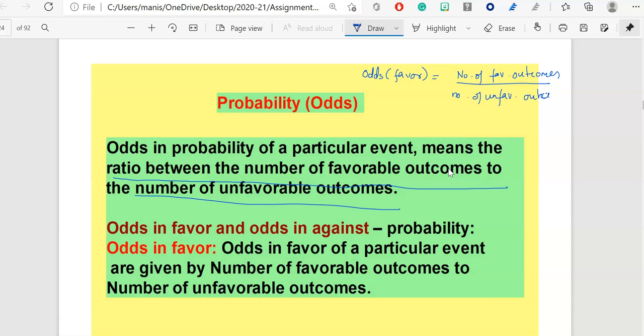And similarly, odds against will be the reciprocal of this: the number of unfavorable outcomes over the number of favorable outcomes. Please copy everything you see on this screen.